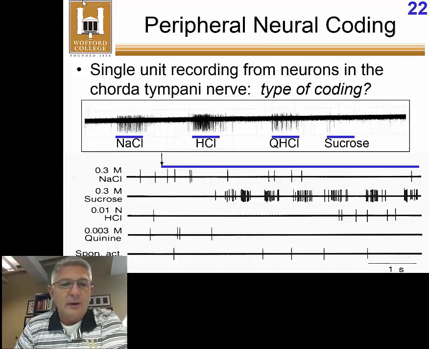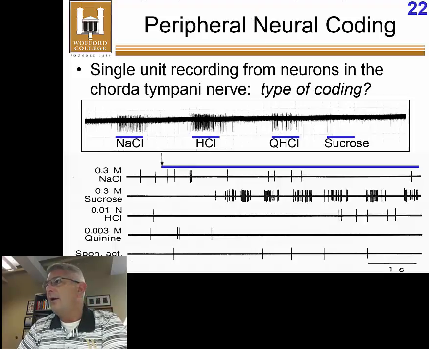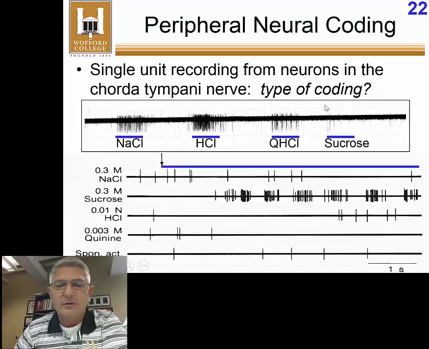For salt, we get sort of this moderate, continuous stimulus. For sour, we get a very vigorous, intense stimulus. For quinine, it's a very interesting on-off, on-off, on-off, biphasic response. And then for sucrose, we really don't get a response at all.